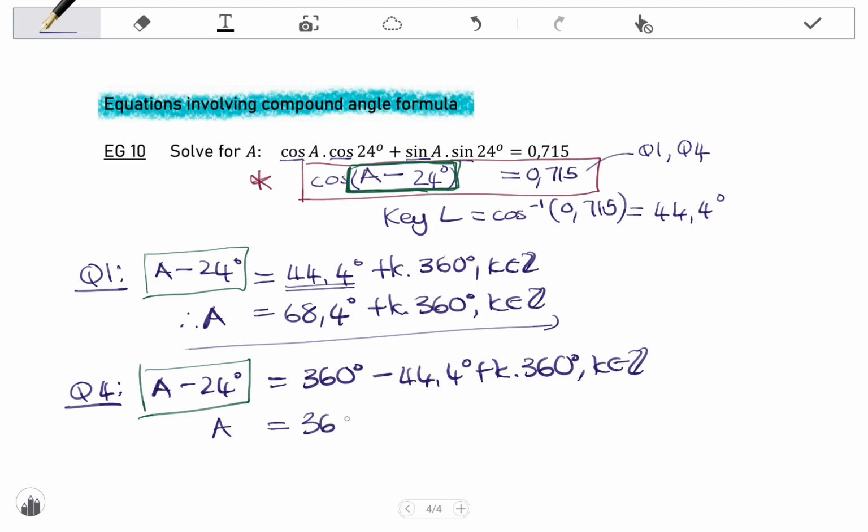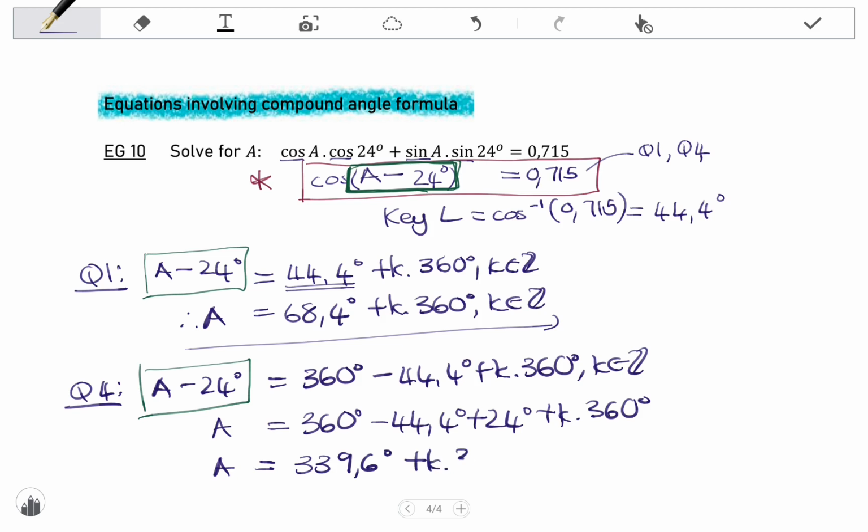So I'll be calculating 360 minus 44,4 degrees plus 24, plus k times 360. And that gives us A equal to 339,6 degrees plus k times 360 as our final general solution.